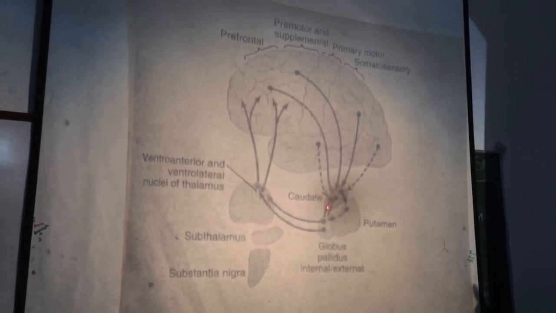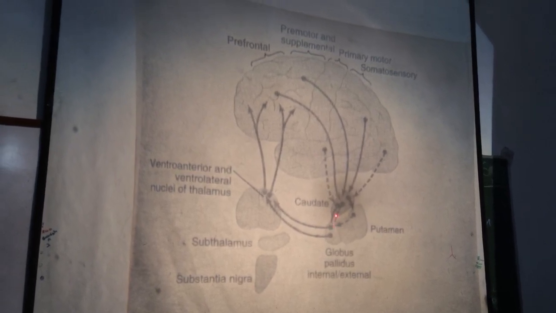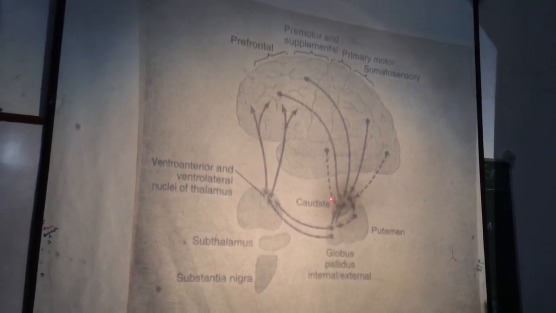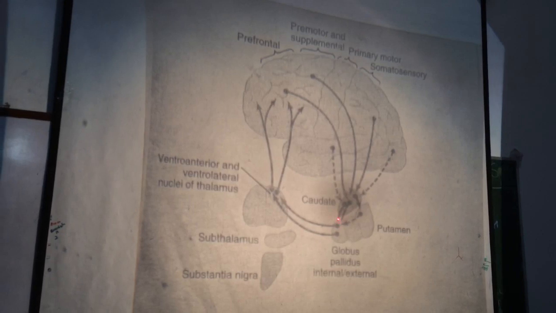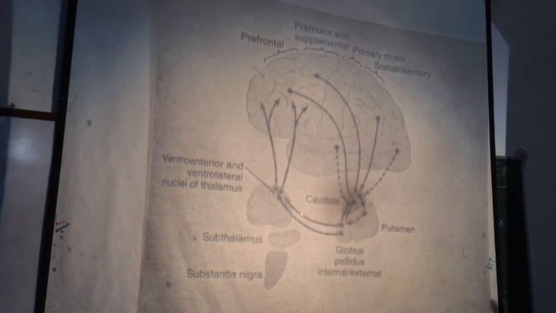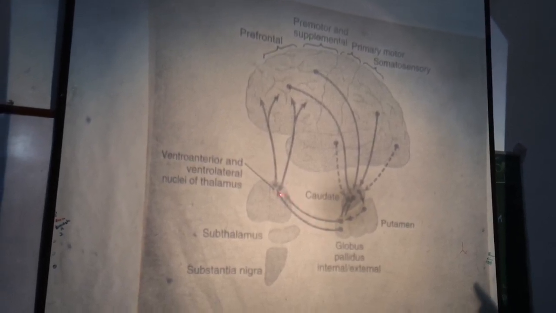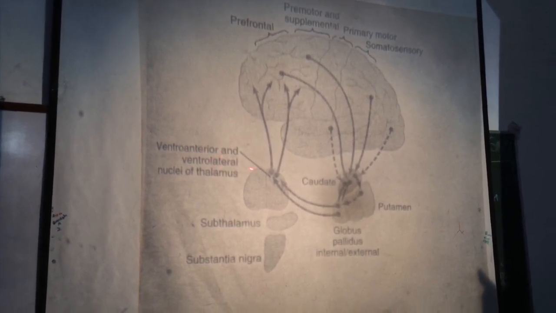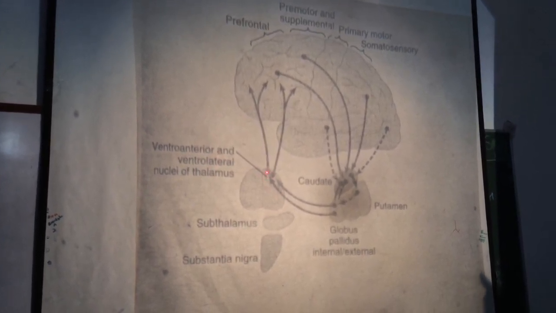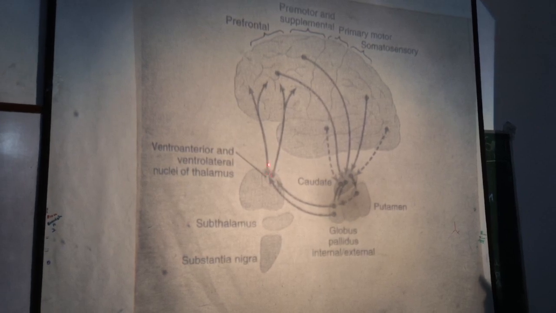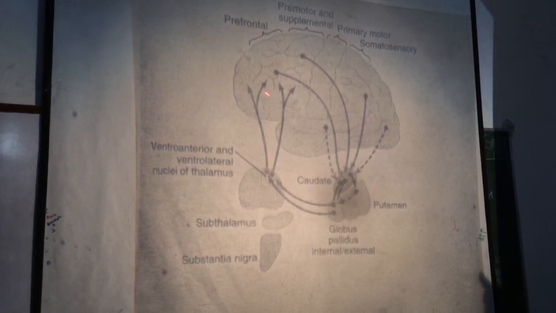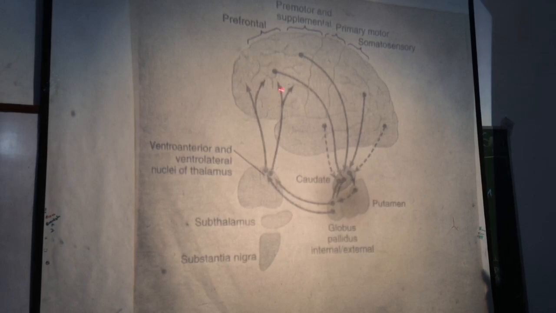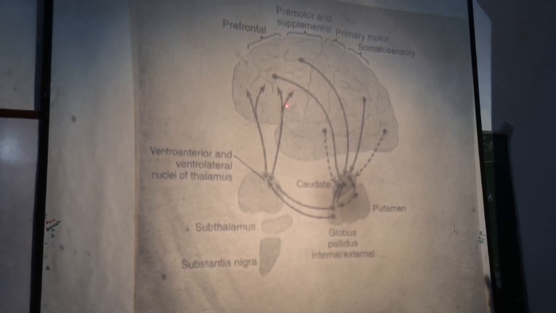From caudate to globus pallidus, and then from globus pallidus to the ventro-anterior and ventrolateral thalamic nuclei, and from these nuclei, fibers go mainly to the prefrontal cortex and premotor area.